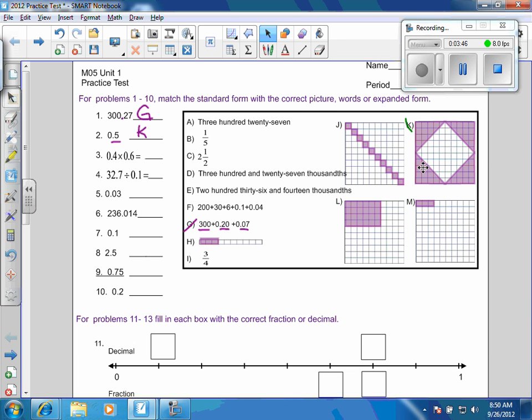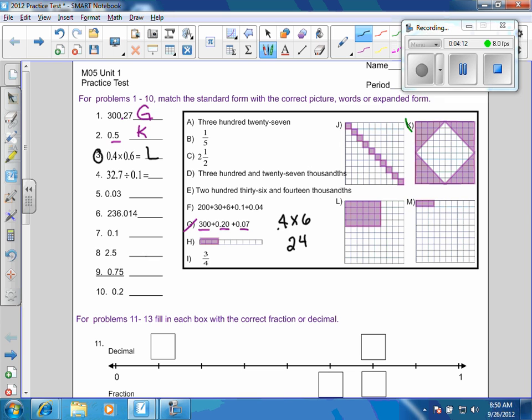Okay, what about the third problem, number 3? Isabella, what did you do? Well, I got L. You got L. And how did you get L for this problem? I agree with L. Can you share with the class how you did that? I did 4 times 6. Right, so when you do 4 times 6, what do you get? You get 24.